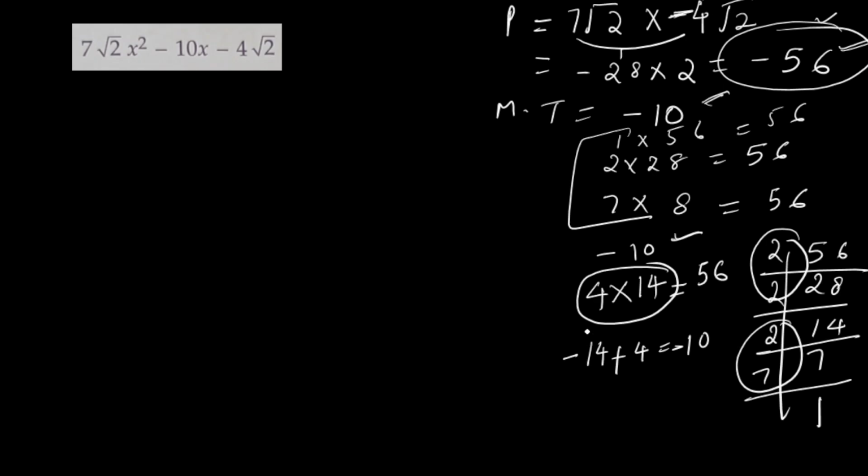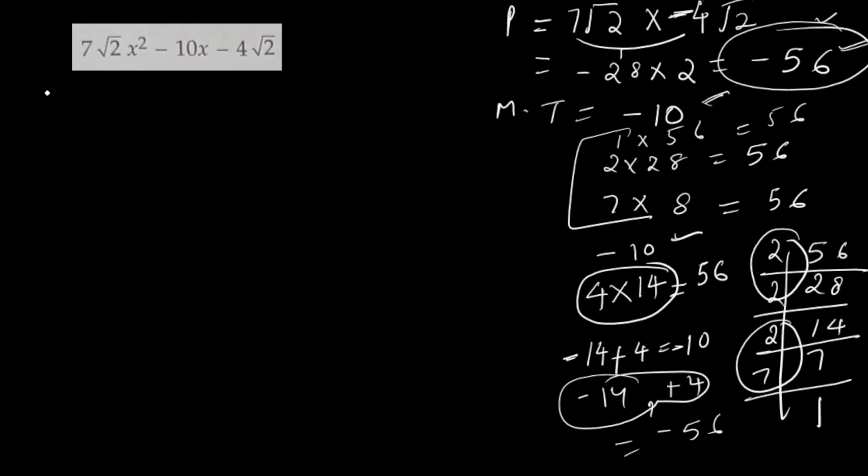If the greater number has a negative sign, the answer will be negative. If the greater number has a positive sign, the answer will be positive. So we need negative 10. So that means the greater number should have the negative sign. So we have chosen the numbers minus 14 and plus 4. Okay, and when you multiply these two, we will get minus 56 as the answer.